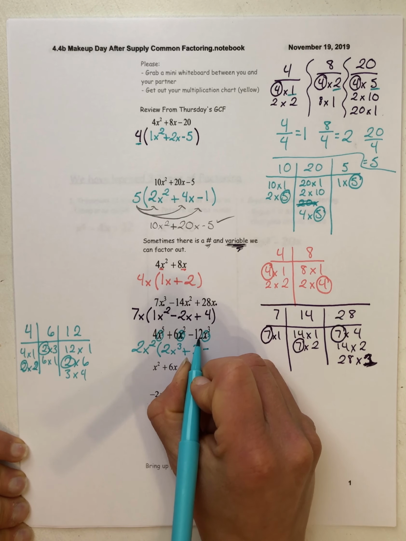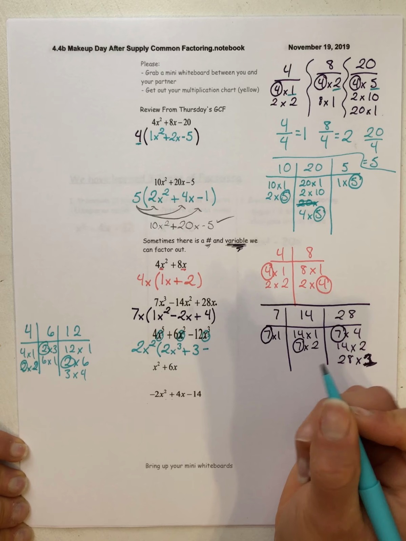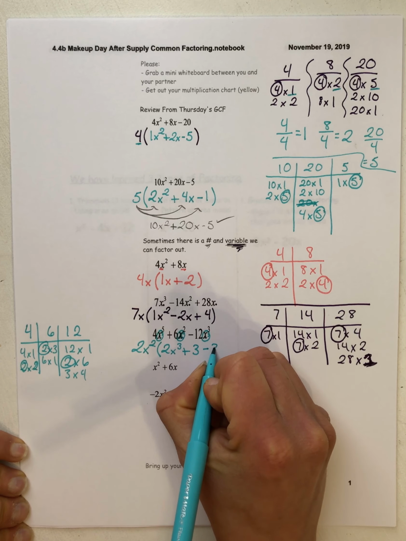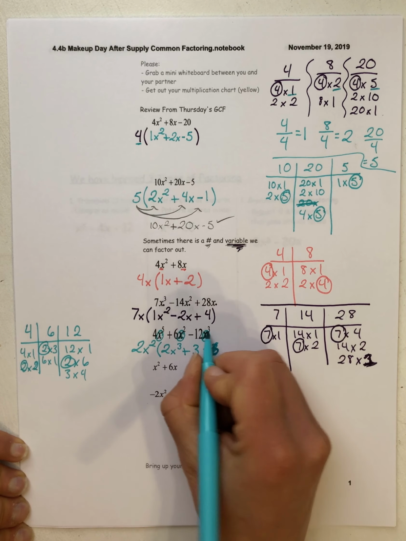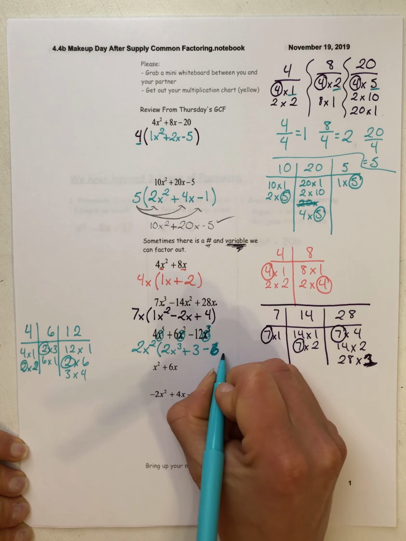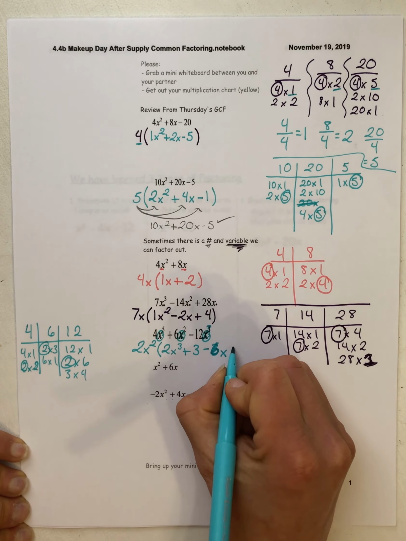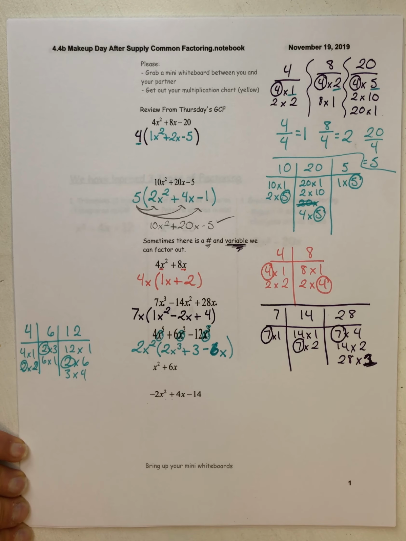And then 12 divided by 2 gives us 6. Oh my goodness, I can't math today. Gives us 6, and we've pulled 2 x's, and we initially had 3, so we have 1 left over. And then we just bracket it.